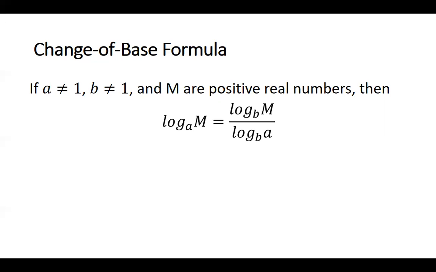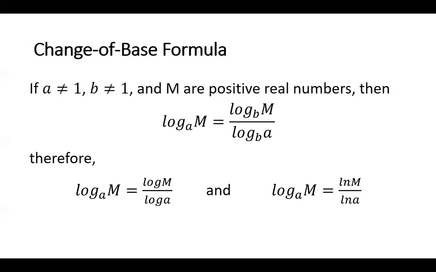Well, what would we generally want to use? E or 10, right? If we can use base 10, then we can do it in our calculator. If we can use base E, then we can do it in our calculator. And with most calculators, this can be done very easily. So if you have a scientific calculator, you can just plug this in.